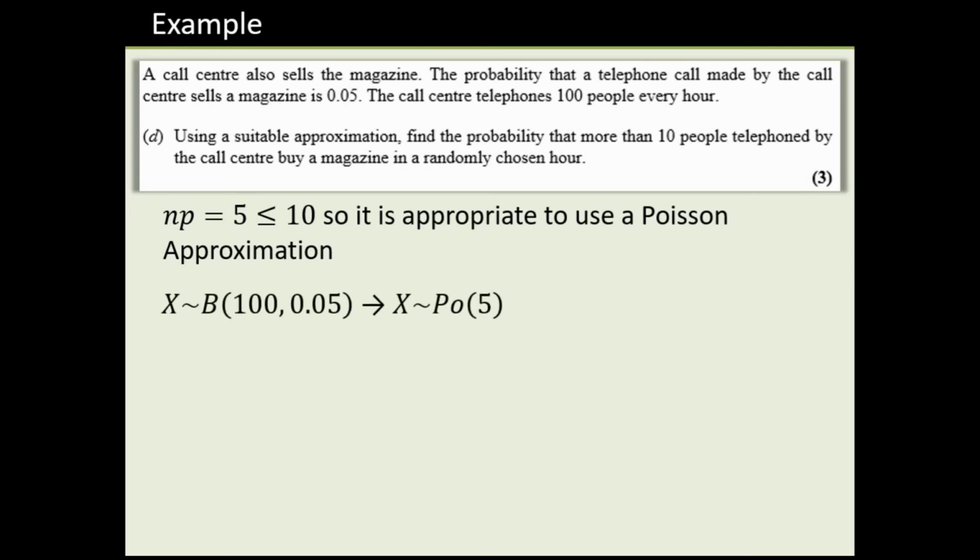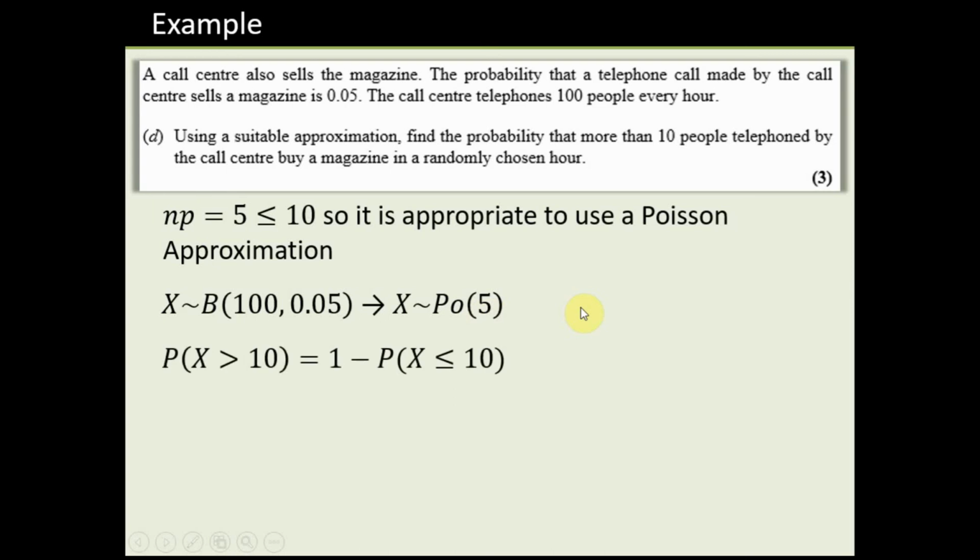Then we think about what the distribution is. Well, this is our original distribution. X follows a binomial distribution with n 100 and p 0.05, and we can say that that's approximated by a Poisson distribution with lambda equal to np, so 5.